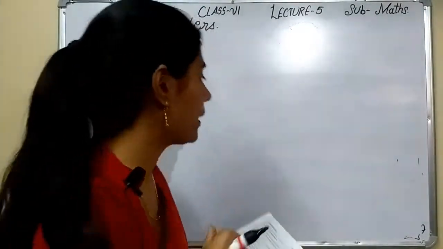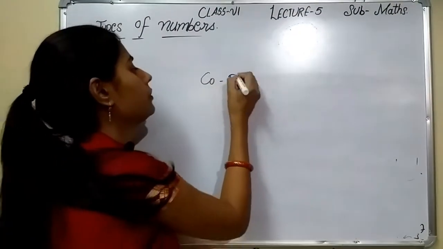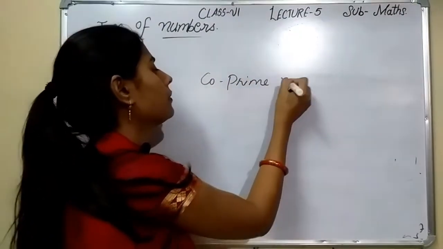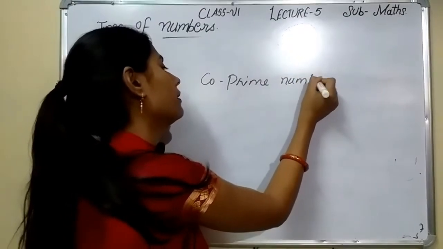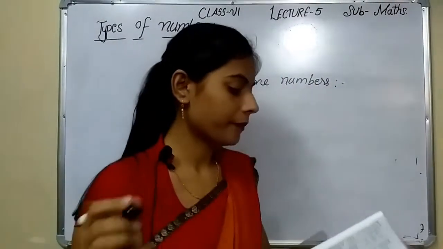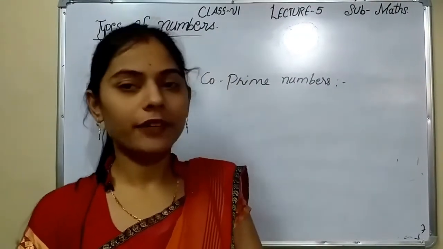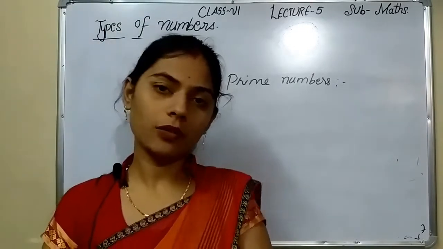What are co-prime numbers? See, two numbers that have only one as a common factor are known as co-prime numbers.